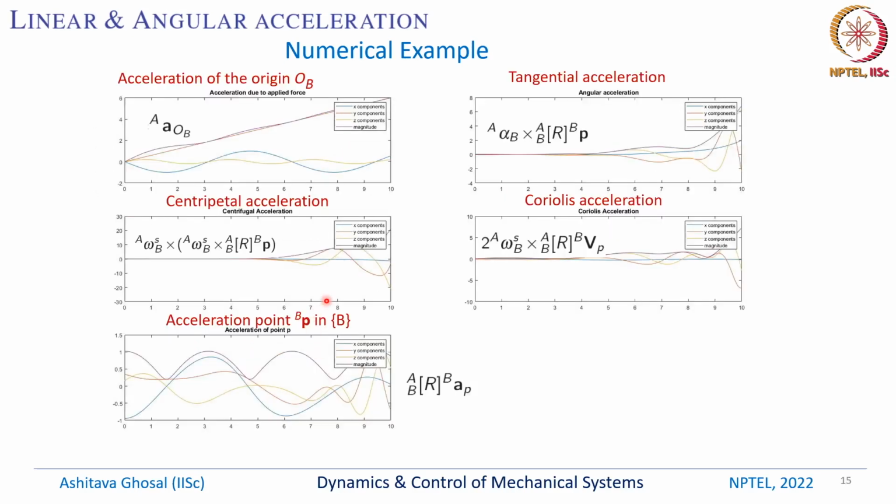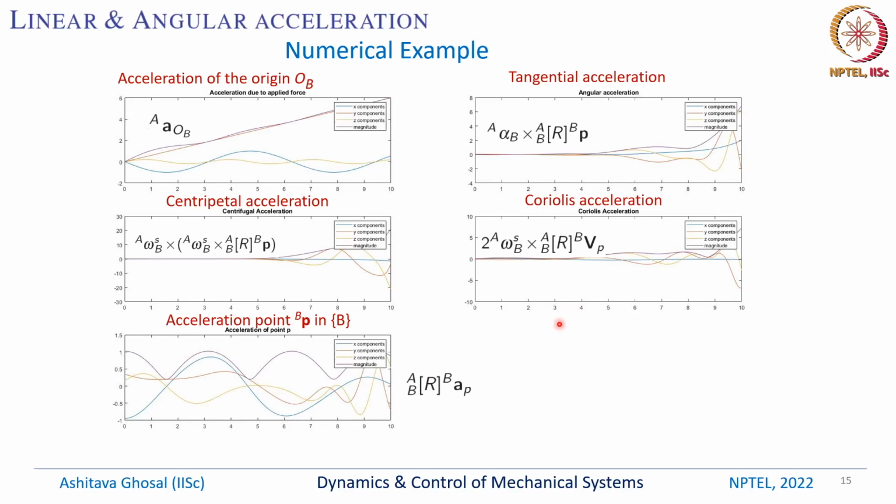We can also plot all the terms of the acceleration vector. So the acceleration of the origin is again given by this. The tangential acceleration can also be obtained, and it looks like this. Again, all the three components can be plotted, and also the magnitude can be plotted. The centripetal acceleration looks like this. The acceleration of the point P in the B coordinate system is given by this form.